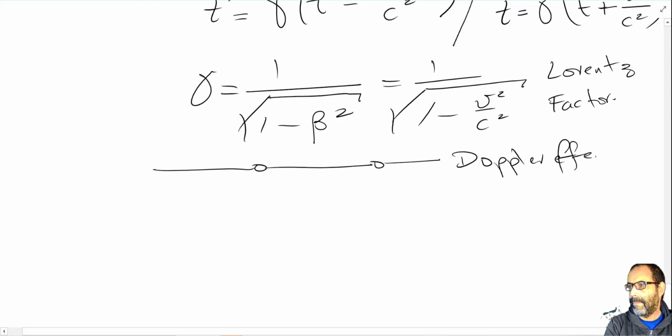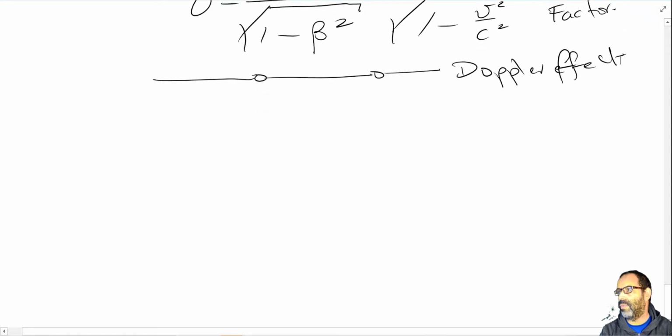I know for slow speeds it's not going to matter much, but for high speeds it's going to be a problem, especially if we're doing astronomy and things like that. So we really need to correct that phenomenon. Let's talk about this. We have a light source that is in its own rest frame.